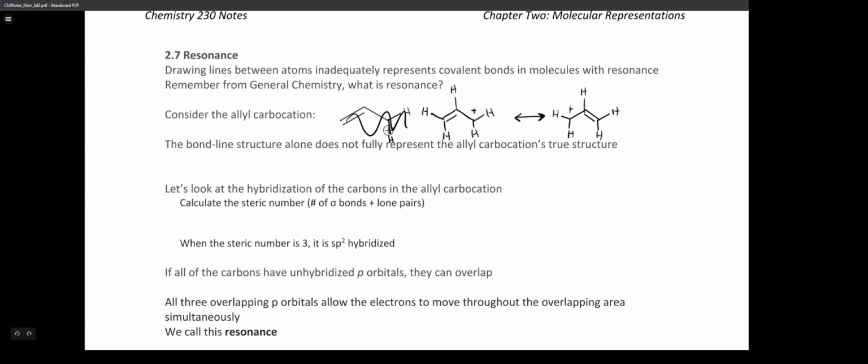The first thing I want to be very clear about, neither of these are real. I've seen this, for example, on old MCAT exams, if you apply for med school. Neither of these is real. The real way to describe it is a combination of both.